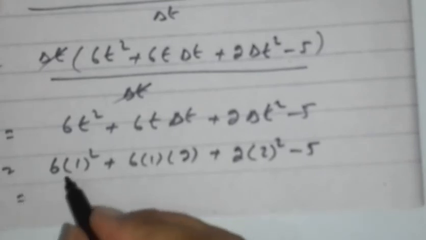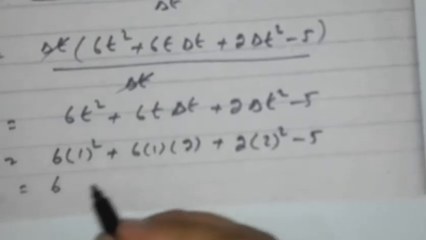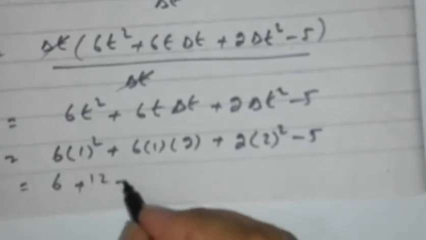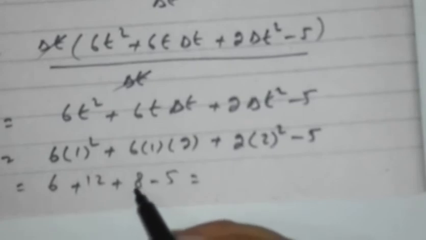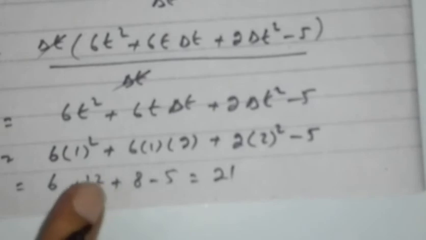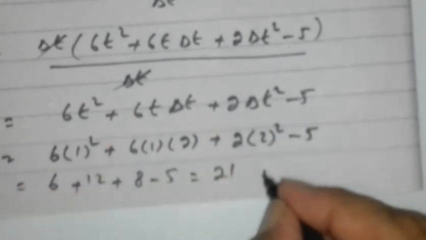So we get 6, 6 2s are 12, 2 2s are 4, 4 2s are 8, and minus 5. Now we get 21 here. 12 plus 8 is 20, plus 6 is 26, minus 5, 21 is the answer.